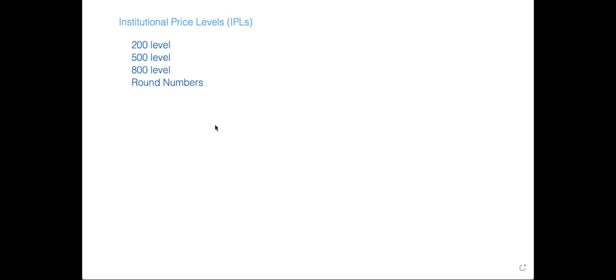Basically, these are the levels where we will see how price reacts as support or resistance, and how it works in conjunction with order blocks and order flow, so we can see these levels acting accurately for the pullback and the retracement.